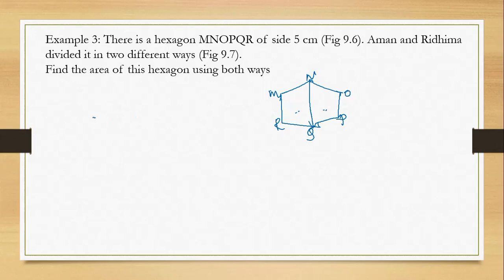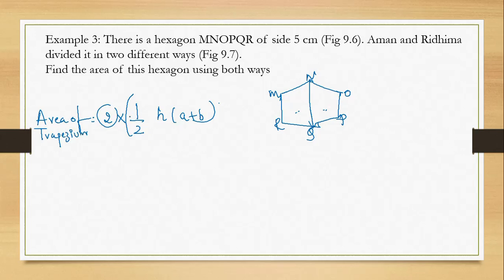We know the formula for the trapezium, that is half of height into a plus b. I consider 2 because there are two trapeziums, so I multiply it by 2.